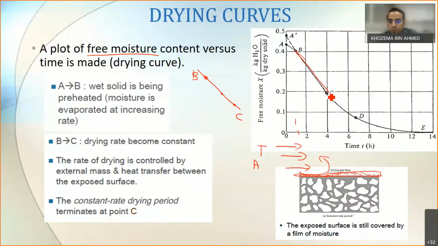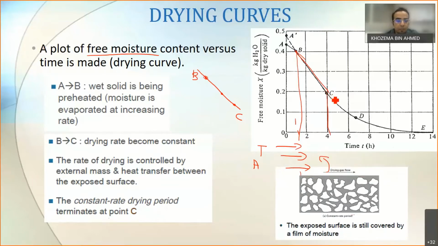From here until here, the amount of water transferred from the surface to the hot air is the same, no matter whether it is at 1 hour, 2 hours, 3 hours, or 4 hours. After 4 hours, there is no longer any water on the surface. So point C is the end of your constant drying rate.